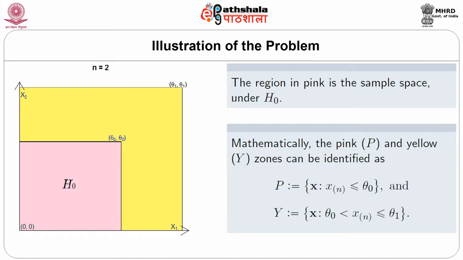Mathematically, the pink and yellow zones can be identified as follows. P: the maximum of X1, X2, ..., Xn, which you can call X_(n), is less than or equal to theta0, and Y, the yellow zone, is where the maximum of X1, X2, ..., Xn lies between theta0 and theta1. So the big square, that is P union Y, is the sample space under theta = theta1.